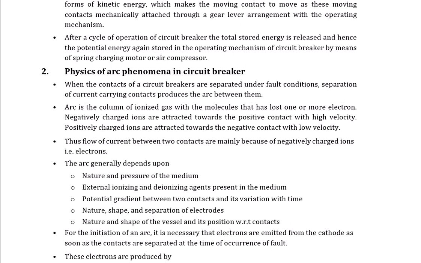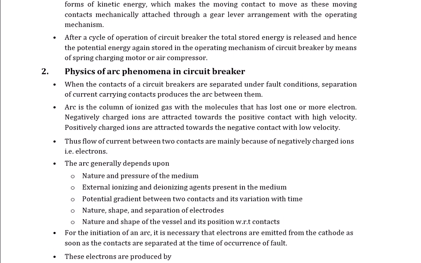Okay, so now we have one of the interesting topics: the physics behind the arc phenomena in the circuit breaker. When the contacts of the circuit breaker are separated under fault condition, separation of current carrying contacts produces an arc between them. Okay, so an arc is a column of ionized gas with molecules that have lost one or more electrons.